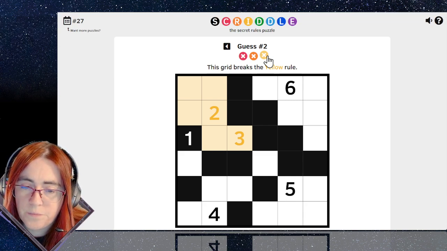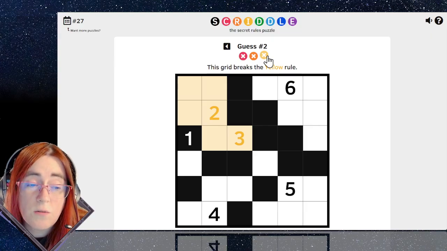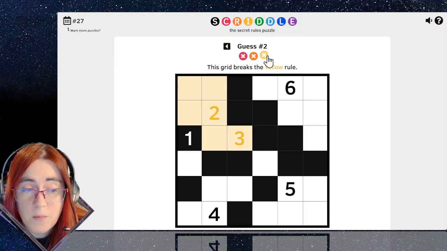But do we actually care about the values of the numbers? The yellow rule could be either of those things. The yellow rule could just be a shape must be in an area of its own.